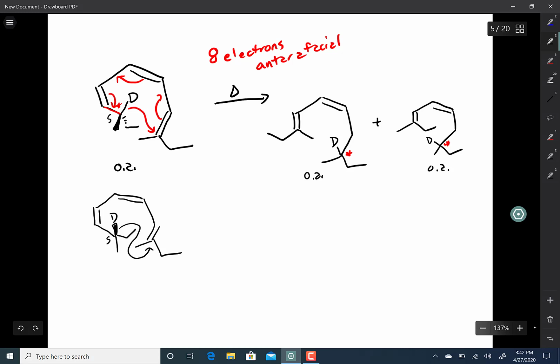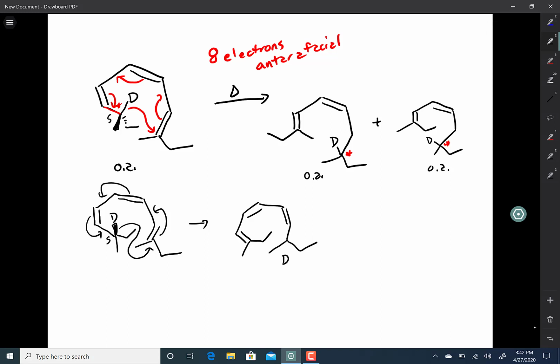When that deuterium shifts over to there, it's an antarafacial process.